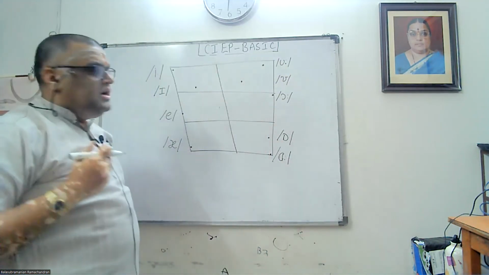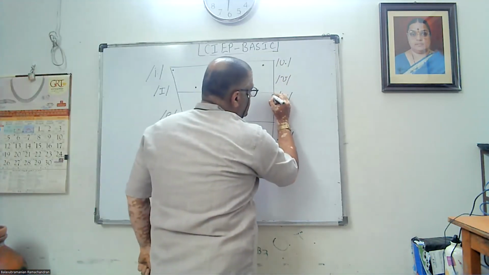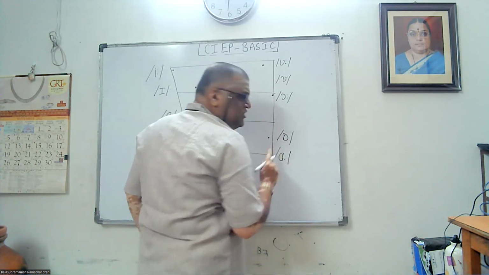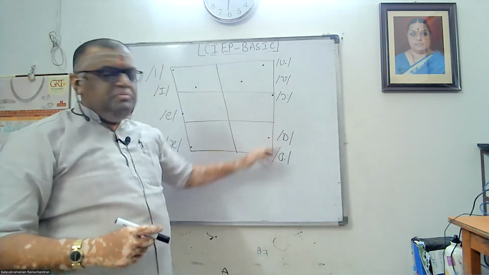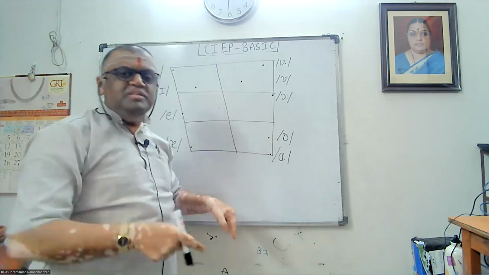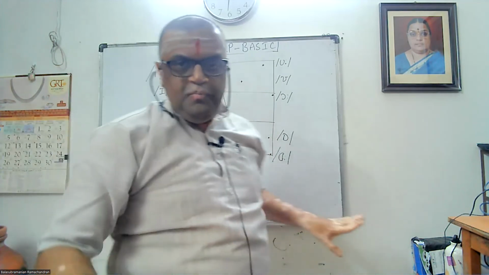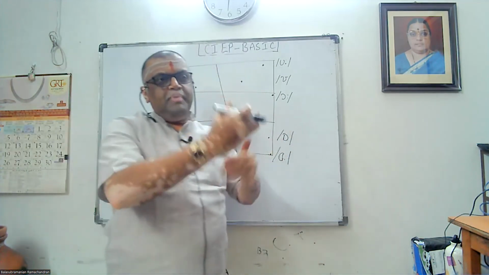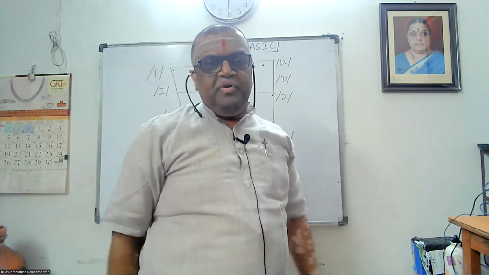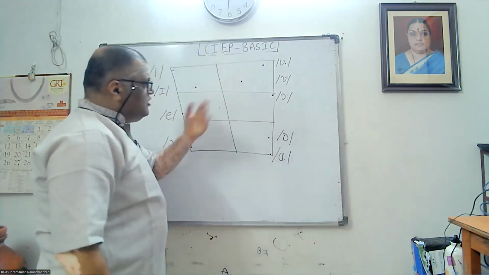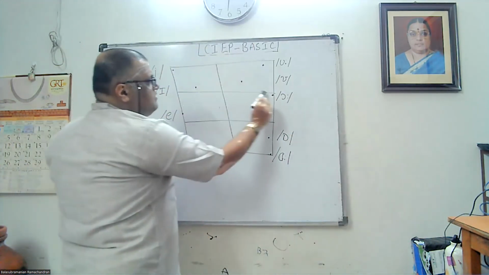Okay, so the circles that I have put here, the dots that are representing here, are actually approximate targets. So it doesn't mean that this is the spot at which this A is produced, no. In fact if we start comparing these vowel sounds with the vowel sounds of Tamil or of any language that you prefer, if you take the vowel chart, you will understand this. So for convenience sake we have put these lines.